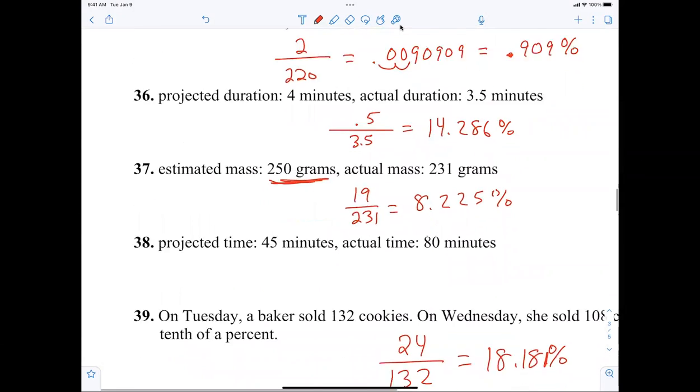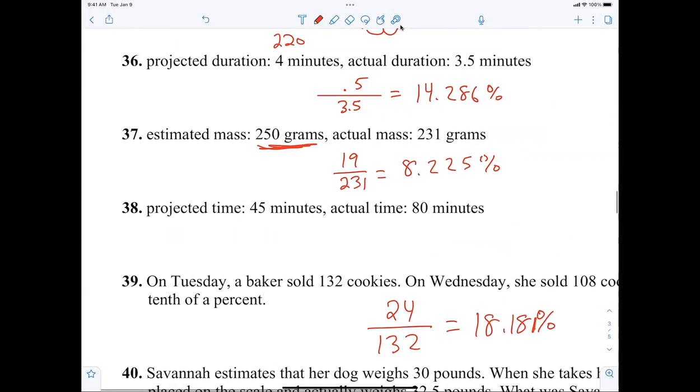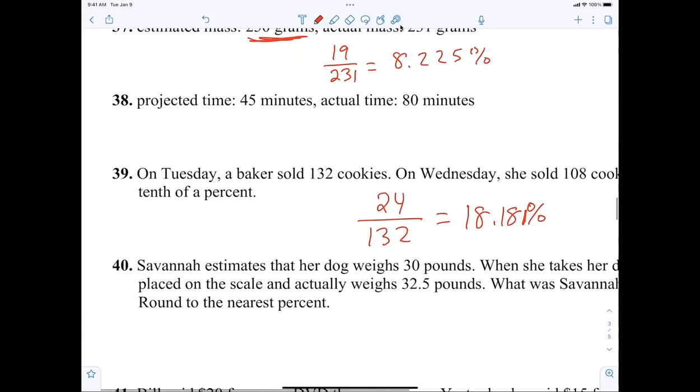All right, Mr. Cappy, 38. Wait, can you go back up to 36 for a second? So you would do 80 would be the bottom number, and it would be 35 is the top.